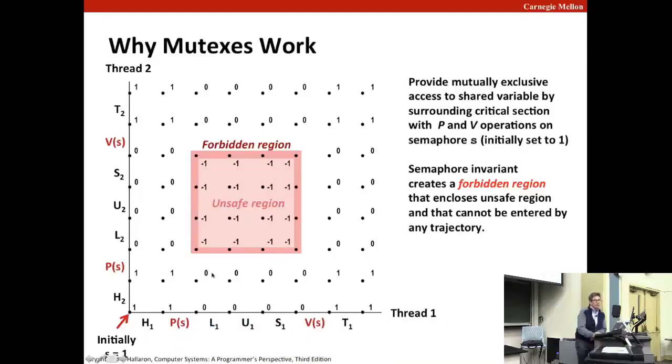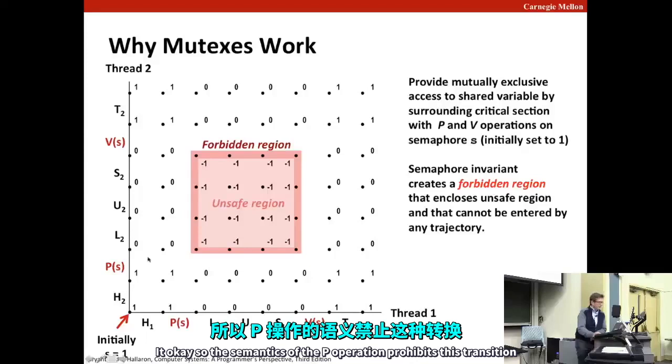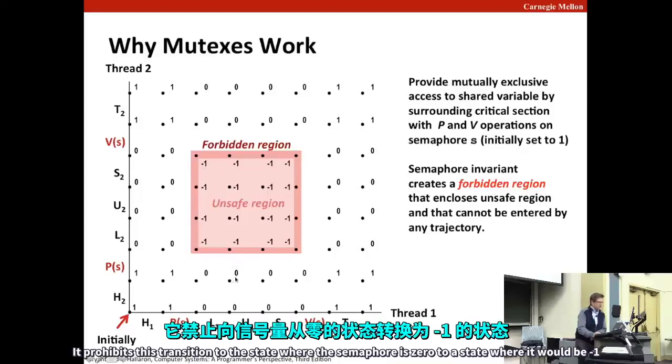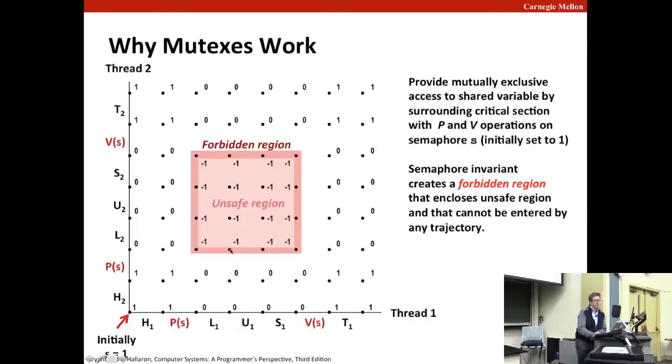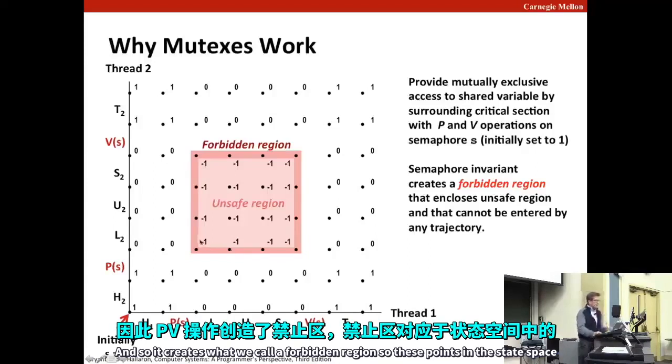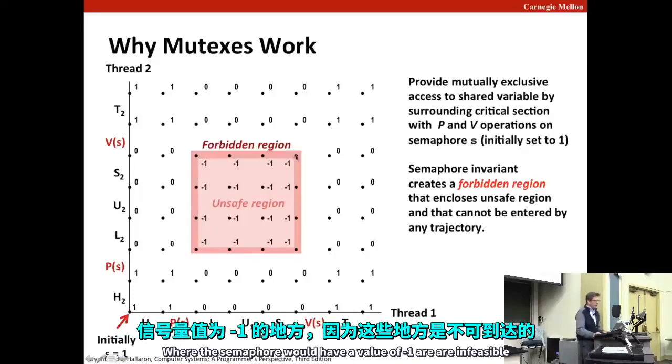It doesn't decrement it. So the semantics of the P operation prohibits this transition from the state where the semaphore is 0 to a state where it would be -1. And so it creates what we call a forbidden region. These points in the state space where the semaphore would have a value of -1 are infeasible.